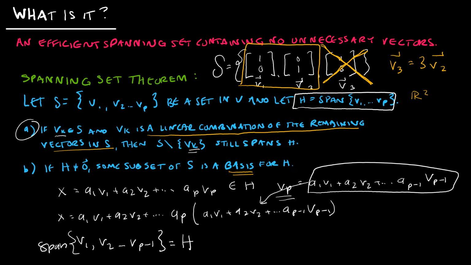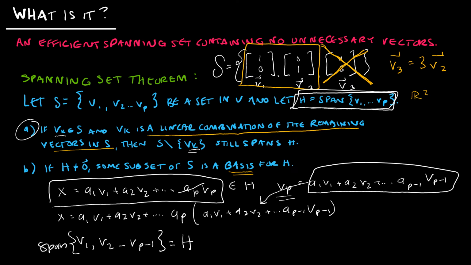Part 2 says, as long as H is not the zero vector, then some subset of S is a basis for H. I don't really have room to show a proof of that, but essentially, if we have x that belongs to H, I'm able to take out the arbitrary vectors and still end up with an element of H, and keep doing that until there's no extras. I take out all of the extras, and what's left over is still going to span, because we just proved that part of it.